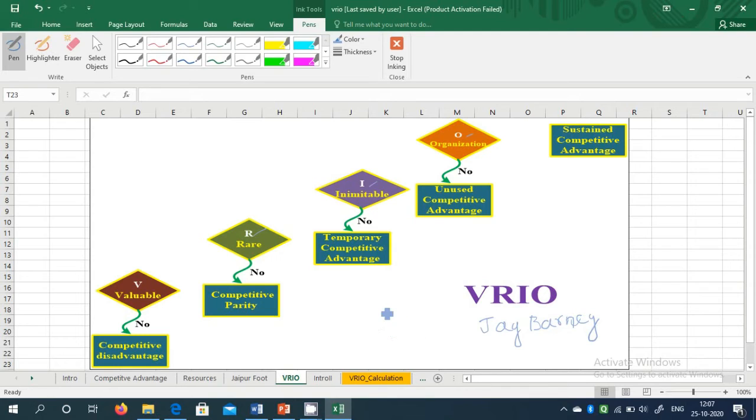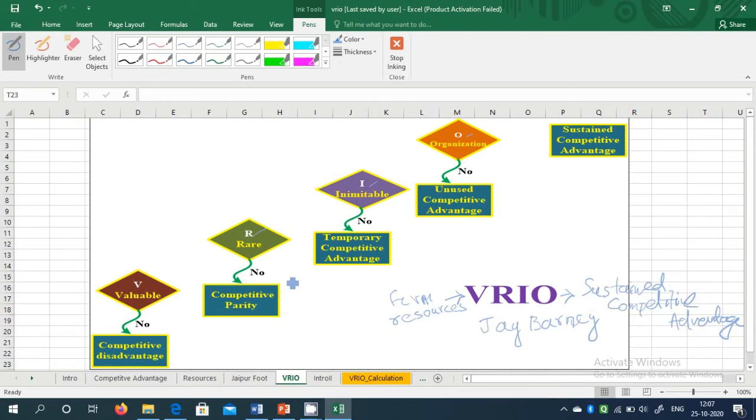There are firm resources, and if the firm's resources are valuable, rare, inimitable, and organized, then only can we say, as per J. Barney, that they have a sustained competitive advantage. We'll see them one by one.